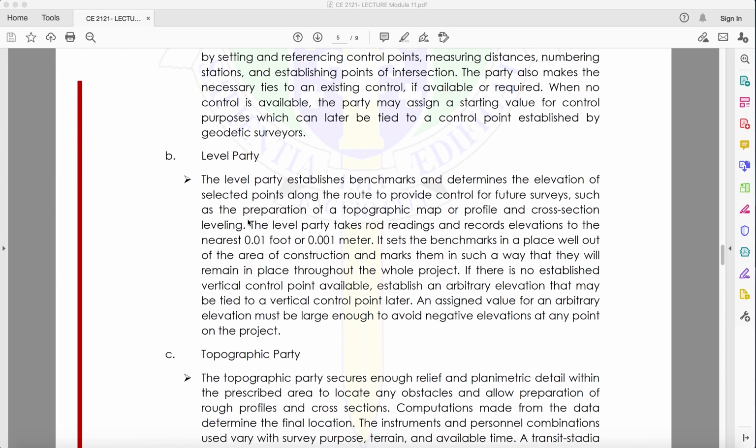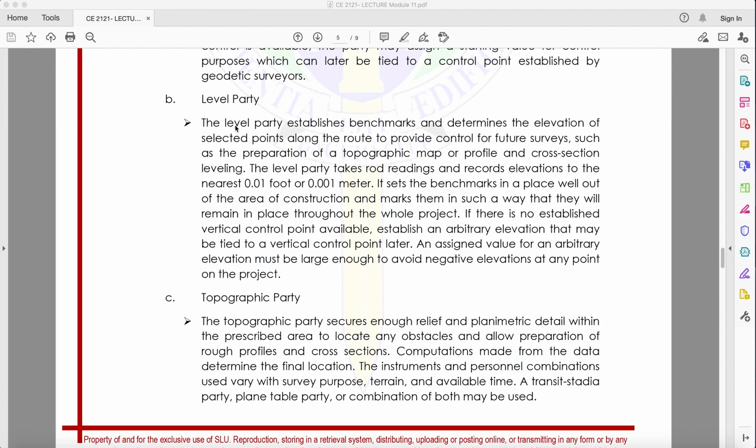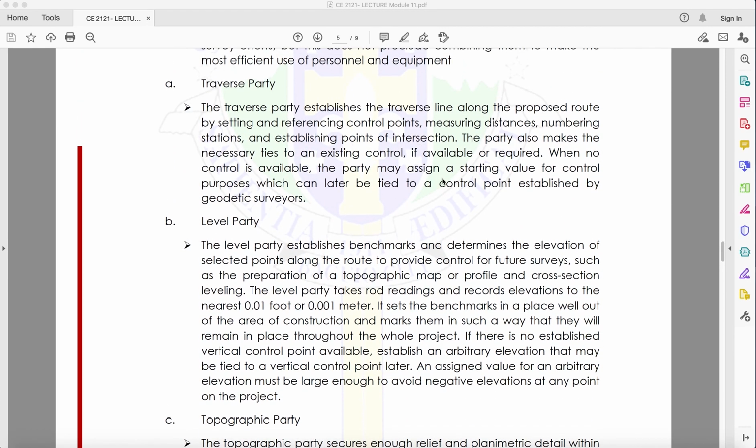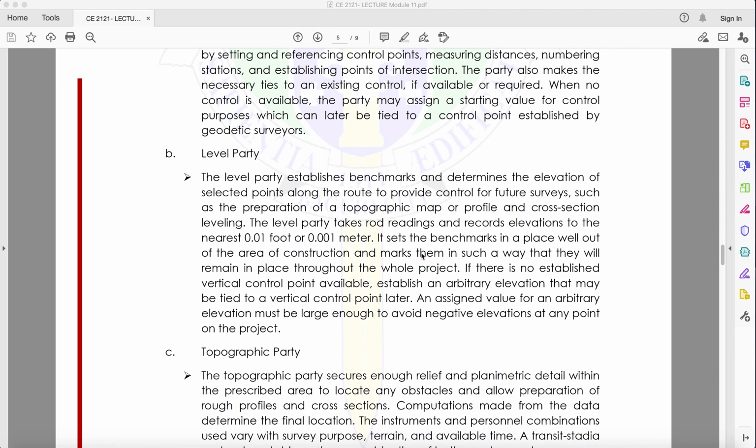Okay. Next would be a level party. As a level party, they establish benchmarks and determine the elevation of selected points along the route to provide control for future surveys. So for the traverse party, it is the horizontal. For the level party, it is the vertical.